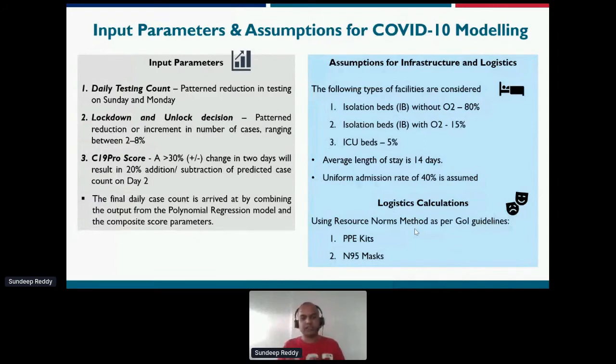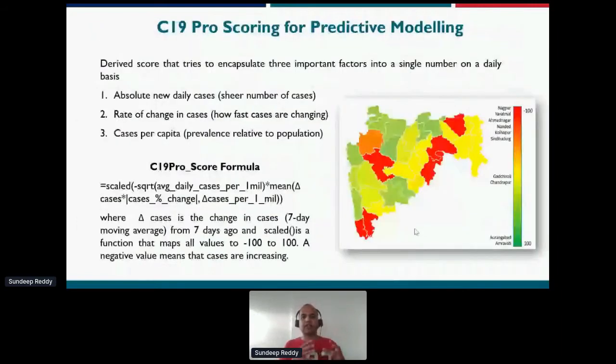In addition to getting the number of beds required, comparing it against the number of beds occupied, and projecting how many beds each district would need, we also used the same calculation to identify the number of PPE kits and N95 masks required in different districts, based on the projection of cases, the number of staff available on demand, and the number of kits required for each staff member in a given shift. These are the different things that were combined together to create that forecasting model.